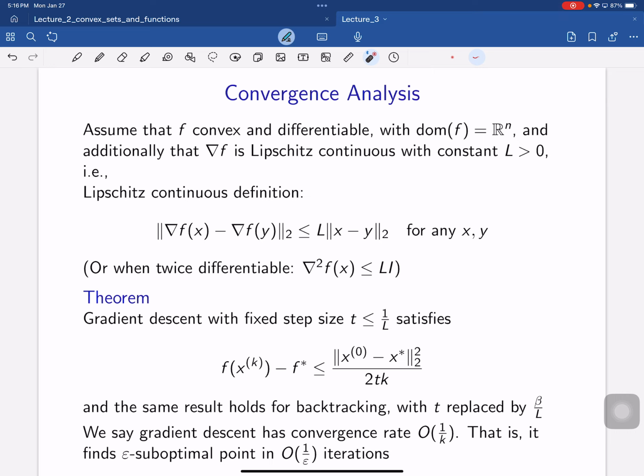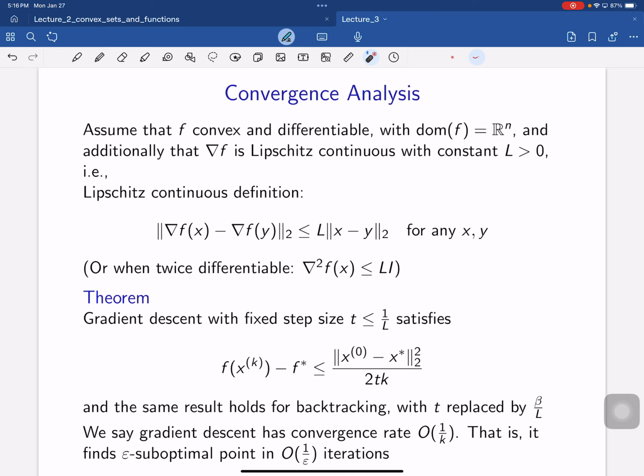This is the optimality gap, right? The function value you get at step k minus the global minimum can be bounded by the initial point x0 minus, of course you don't really know how far you are from the global minimum, this is a theoretical analysis, divided by 2 times t times k.